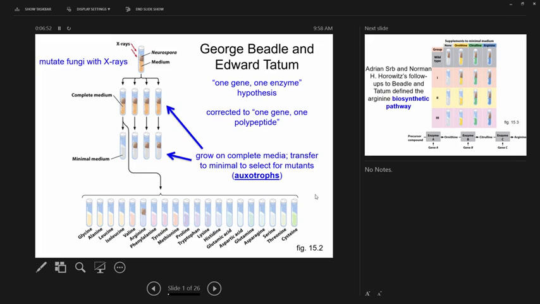So each single mutation had hit only one gene and hurt only one enzyme. Later, this had to be corrected to the one gene, one polypeptide, because a polypeptide is just the name for a complete protein from amino terminus to carboxyl terminus.